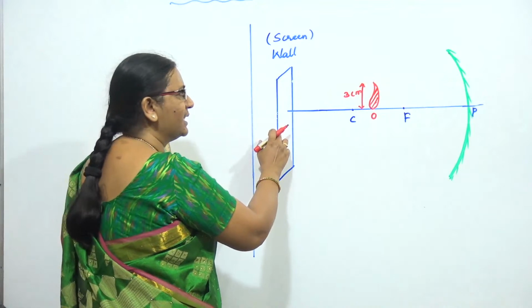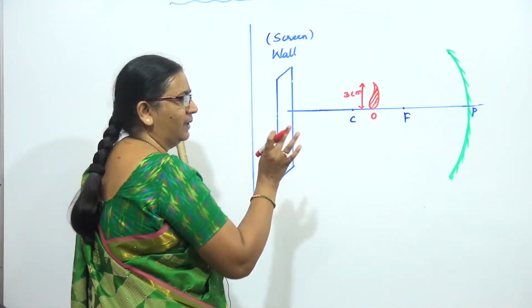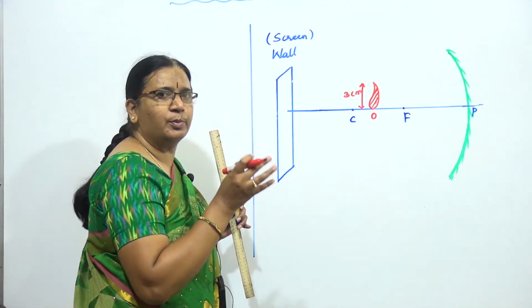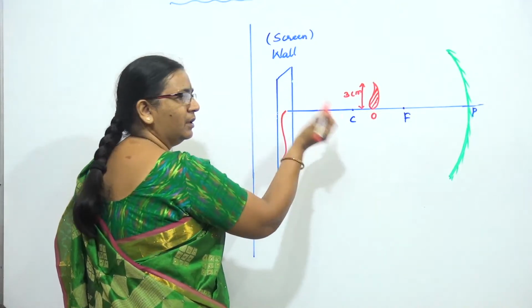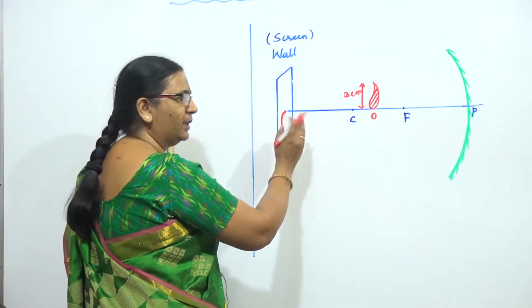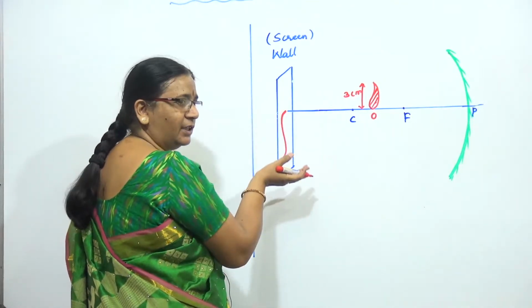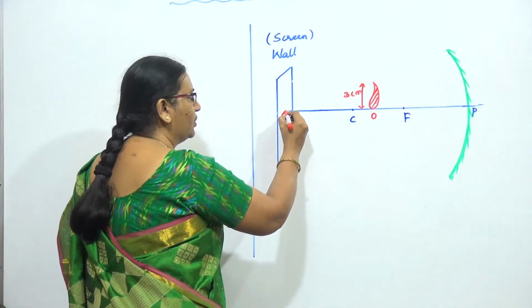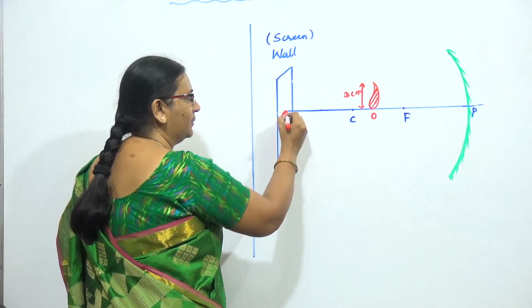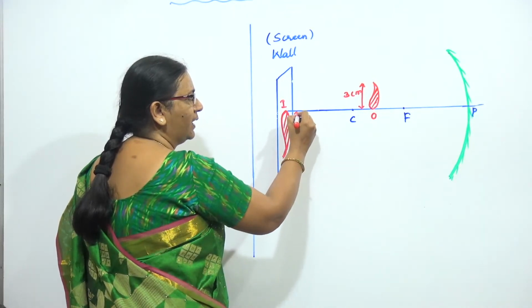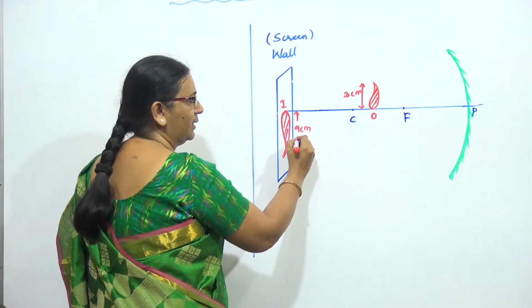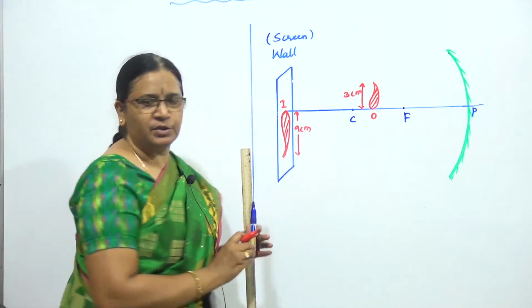Again on the screen itself, that is, on the wall itself. But when it is a real image, it should be what? Inverted, and we are getting its image. Okay. So laterally inverted also, linearly inverted also. So we are getting it of how much height? The image formed here is of height 9 centimeter. Hope this much is clear.